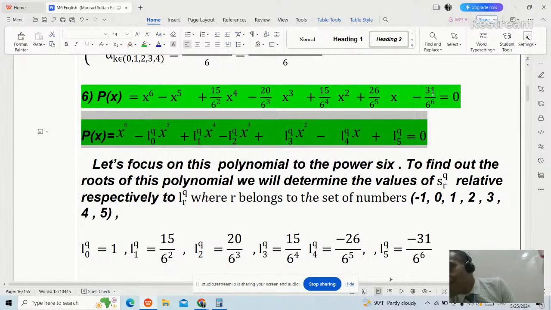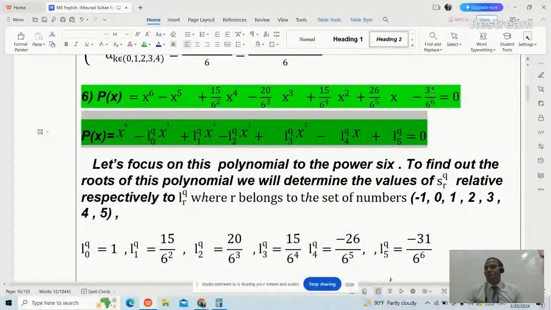Just let me check here. Then learners, we can start now solving a polynomial to the power 6.